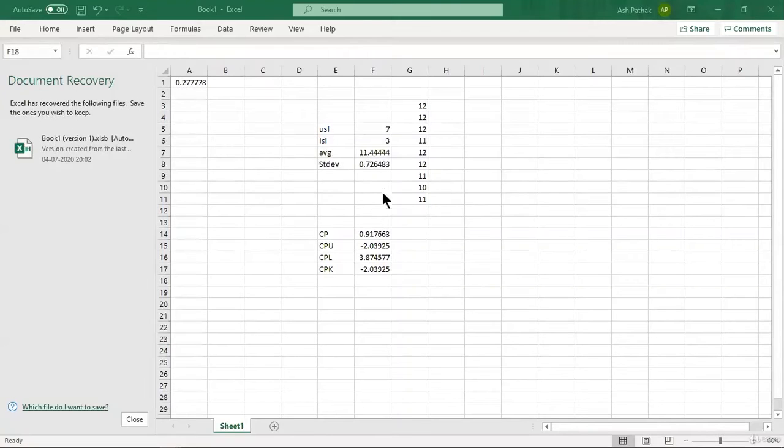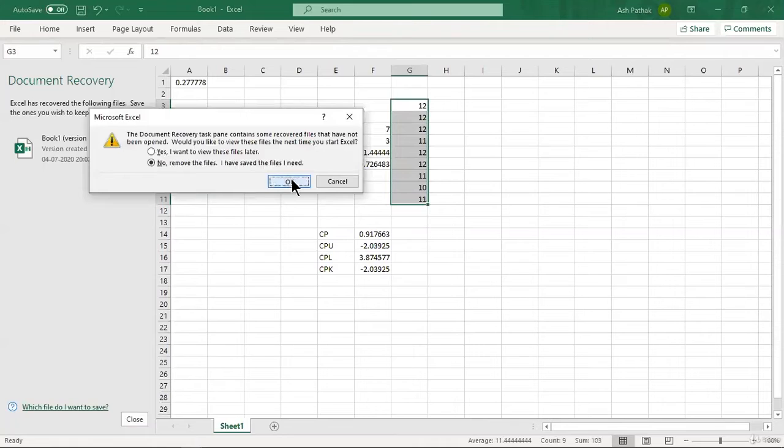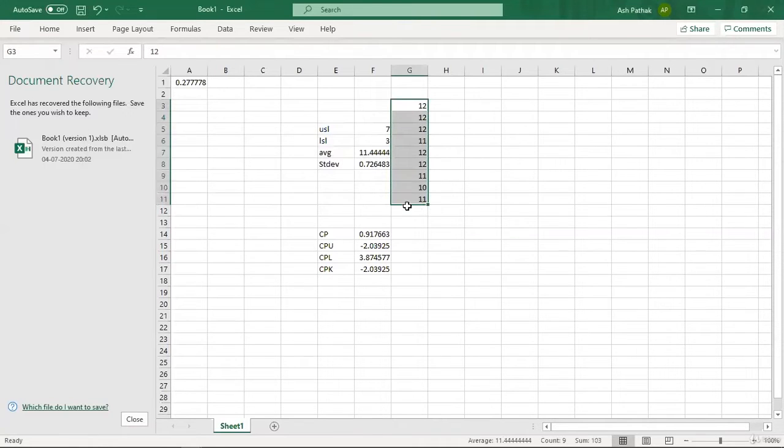Can someone share their screen with me so that we can all look at what we have done? I have not done it step by step, but I've done a direct calculation. No worries. Are you able to see my screen? Yes, I can. These are the random values that I have taken between 10 and 12.